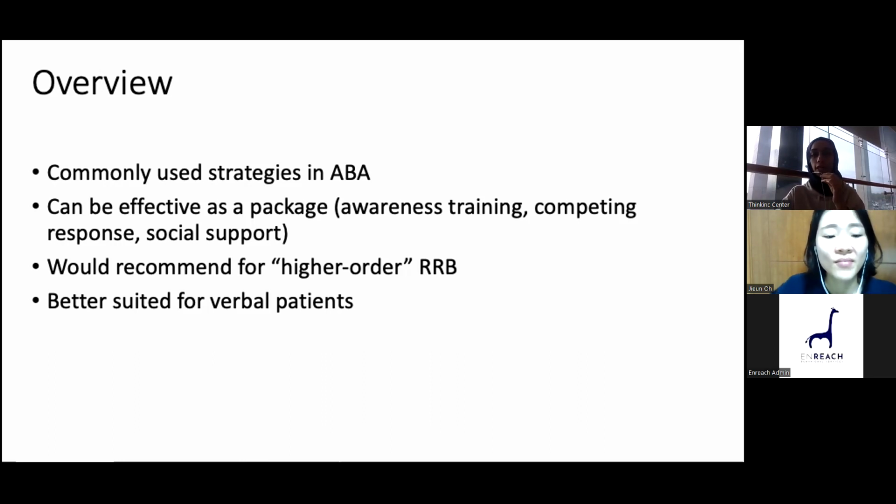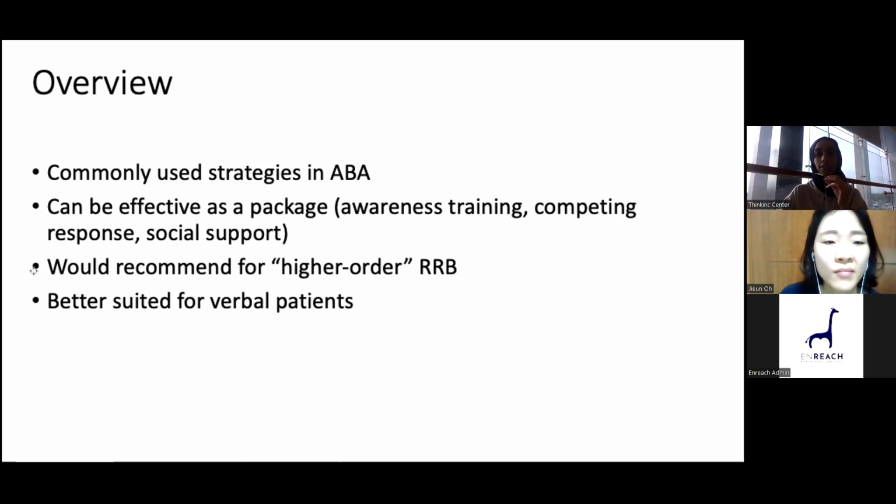The second one is the competing response, which we would refer to as differential reinforcement of incompatible behavior, and the social support. What I find really interesting is that together, those 3 components as a package, providing social parent training along with awareness training and competing response training, can be very effective.